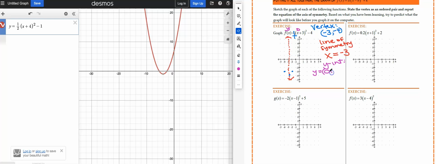So now let's follow order of operations. We've got to add these together inside the parentheses first and then square it. So 0 plus 3 is 3, squared is 9. So y equals 9 minus 4, and simplify that, we get y equals 5.